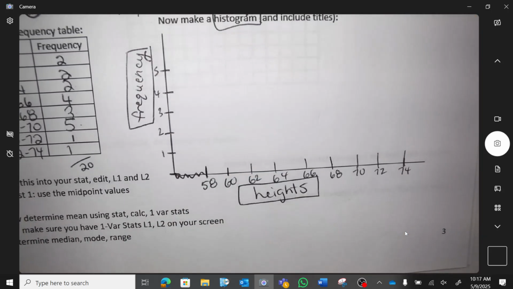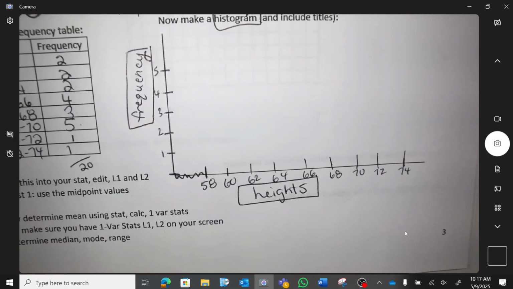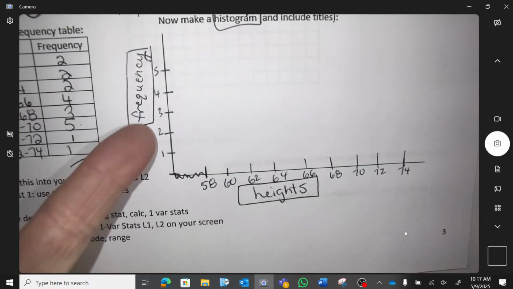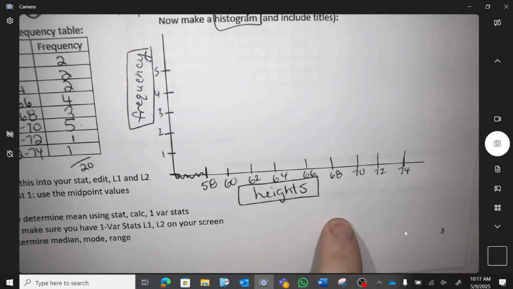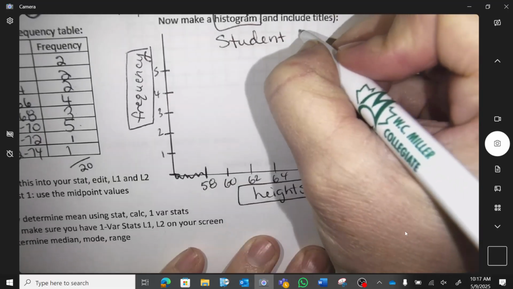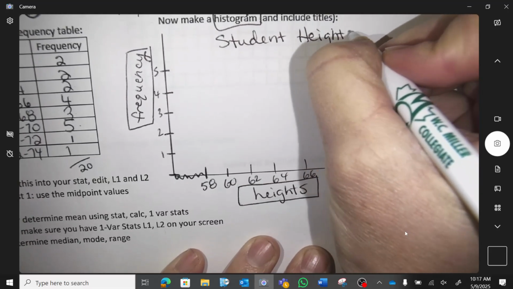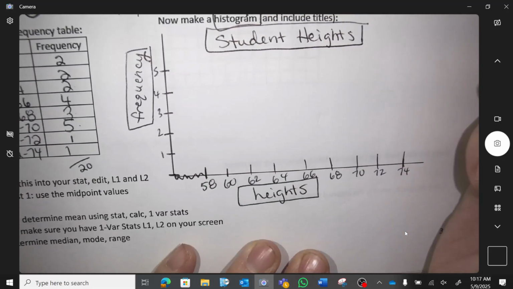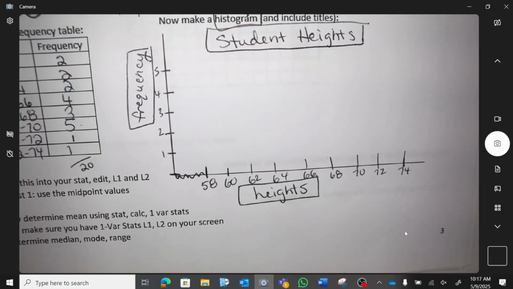Very important with statistical data that you have 3 labels. You have to label each axis, and you have to make a title. So I'm going to call my title Student Heights. You need 3 things labeled: a title and a label for each axis.